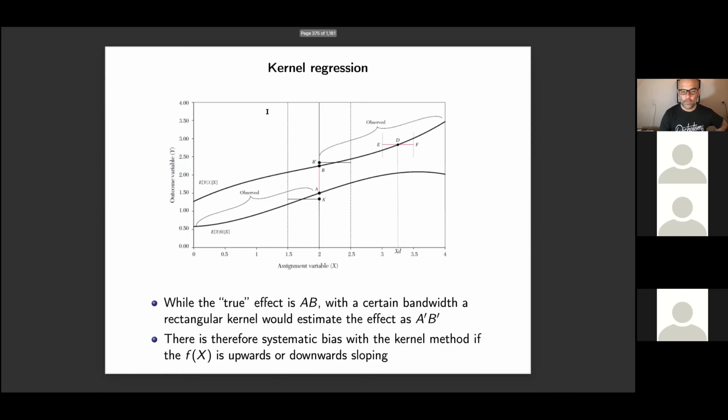So let's look at this situation here. What we have here is potential outcomes, right? Now in this range right here, it's observed.